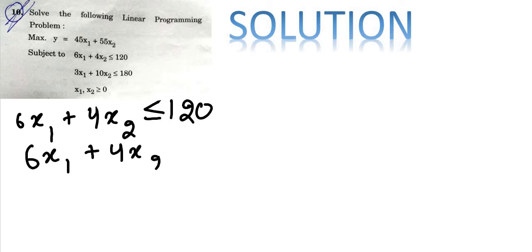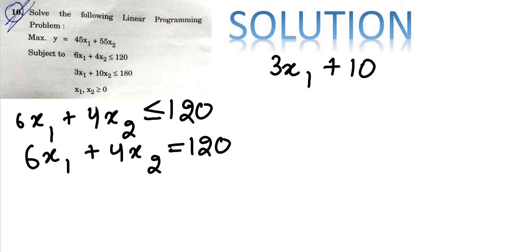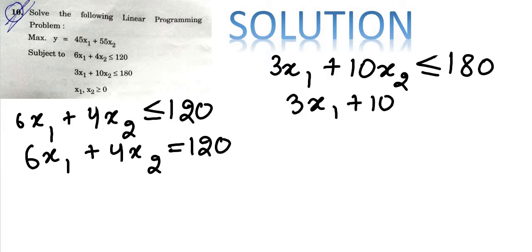So it will become 6x1 plus 4x2 equals 120. In the same way, for the second equation, 3x1 plus 10x2 is less than or equal to 180, we can write it as 3x1 plus 10x2 equals 180.